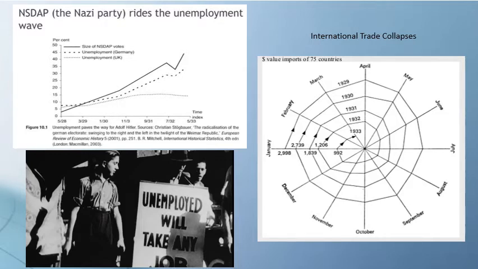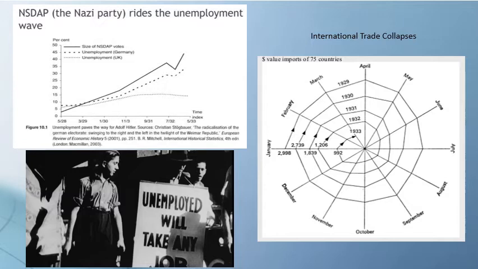So international trade collapses, right? So this spiral graph on the right is the value of imports of the 75 largest countries. So you can see that spiraling down, getting lower and lower from 1929 to 1933. And unemployment's just skyrocketing around the world.